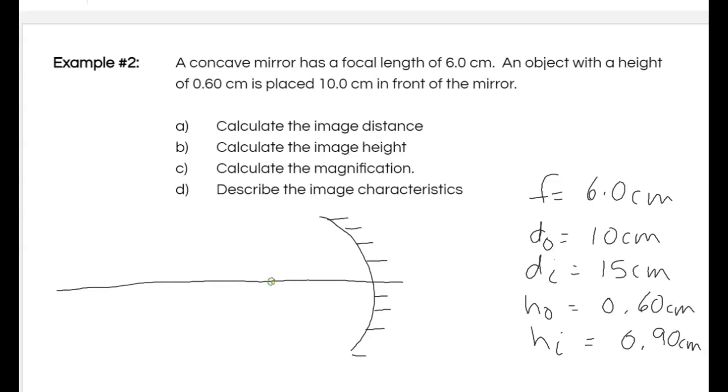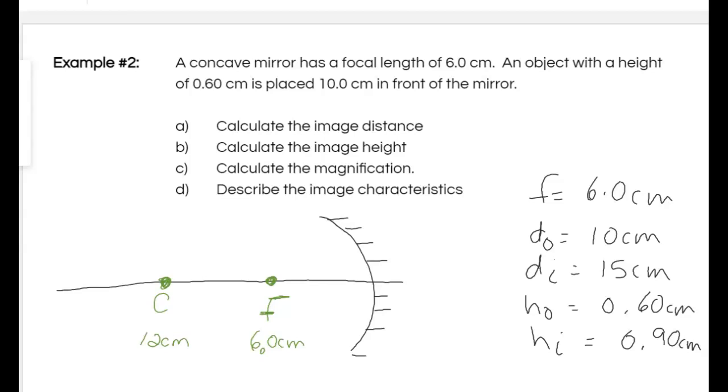So if I say, for instance, here is my focus, right, and that focus is at 6 centimeters, then I know that my center of curvature is going to be where? Well, it's going to be at twice the distance, right? So that's 12 centimeters. And this, by the way, should be a capital F. Okay, so now my object distance, they're saying, is 10 centimeters.